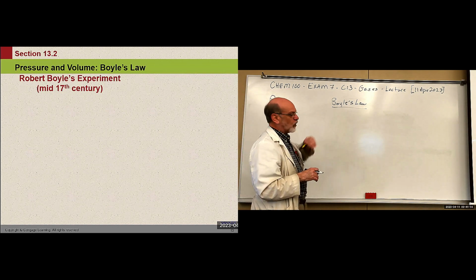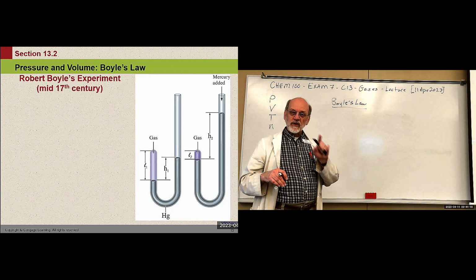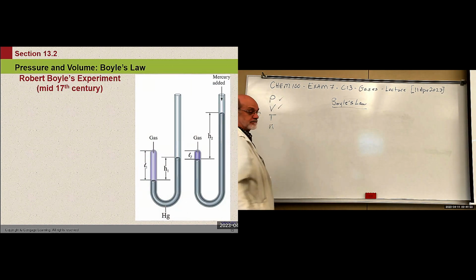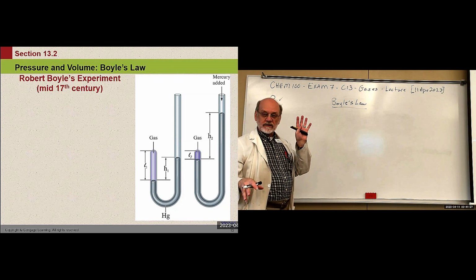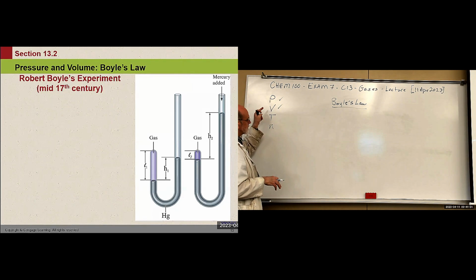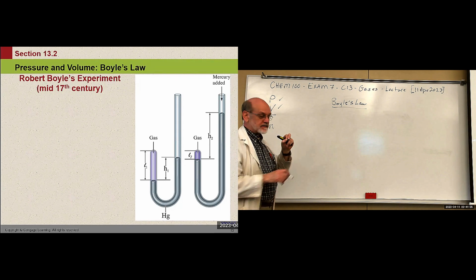Okay, so what did Boyle work on? Boyle was interested in the relationship of pressure and volume. How do they vary? When one goes up, what happens to the other one? In order to do that, these other 2 factors have to remain constant.